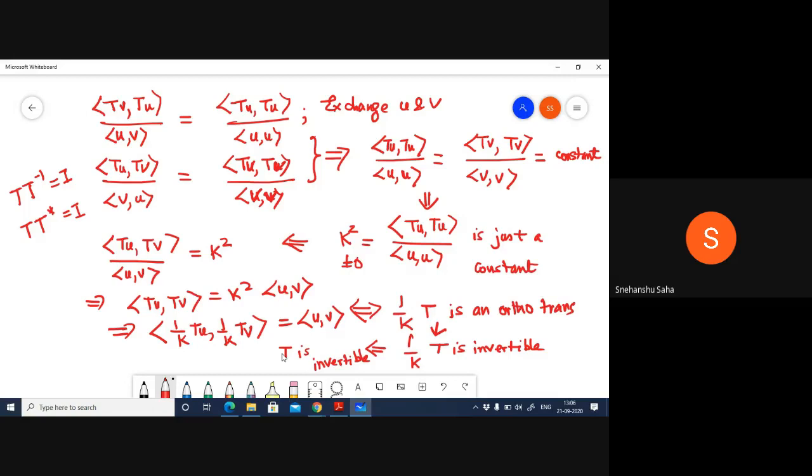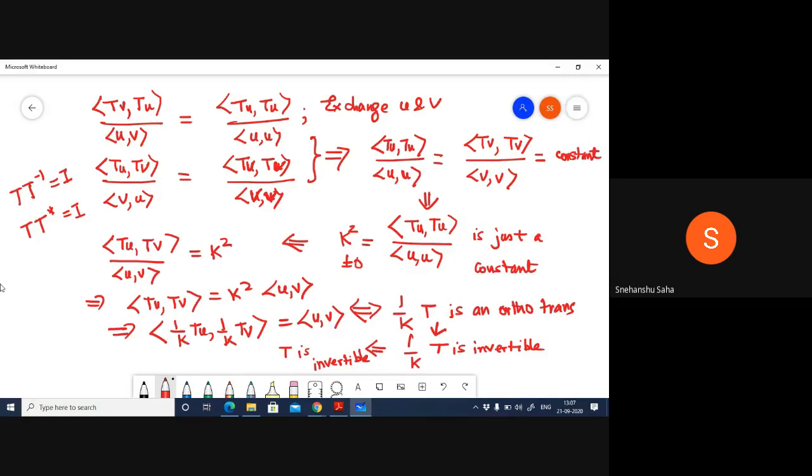So in other words, for an orthogonal linear transformation, the inverse is nothing but this guy. And that helps us understand why an orthogonal transformation is invertible, if you do not want to think about a full rank matrix and columns being linearly independent and others. Okay. All right.